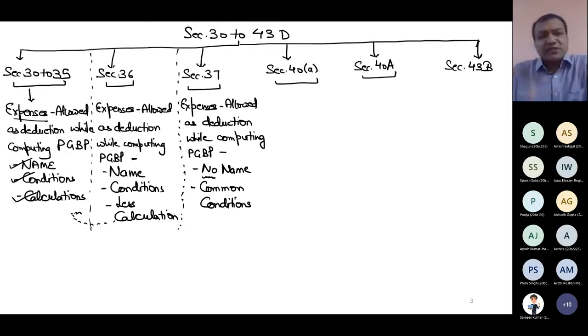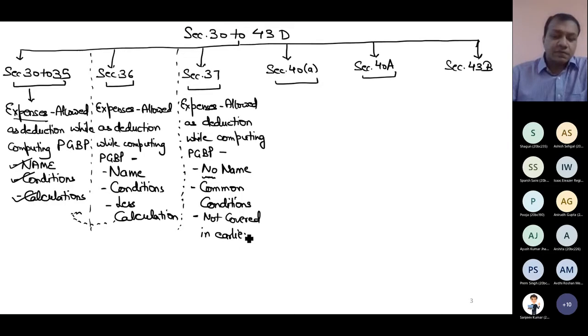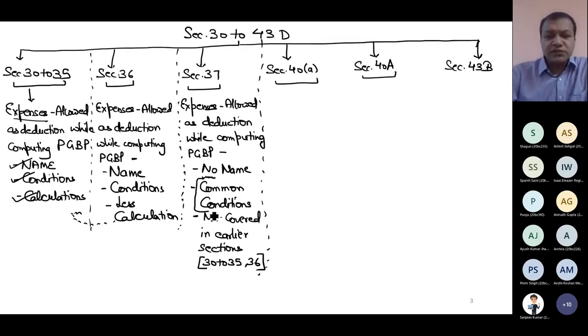That means if any expenditure is not covered in earlier sections, which are those earlier sections? It is not covered under 30 to 35 or under 36. Those expenses can still be allowed as deduction if the conditions of section 37 are fulfilled.